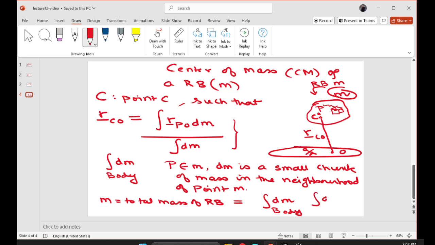I will not write this word body every time. I will put this integral, and that itself will imply that integration is over the entire RB.